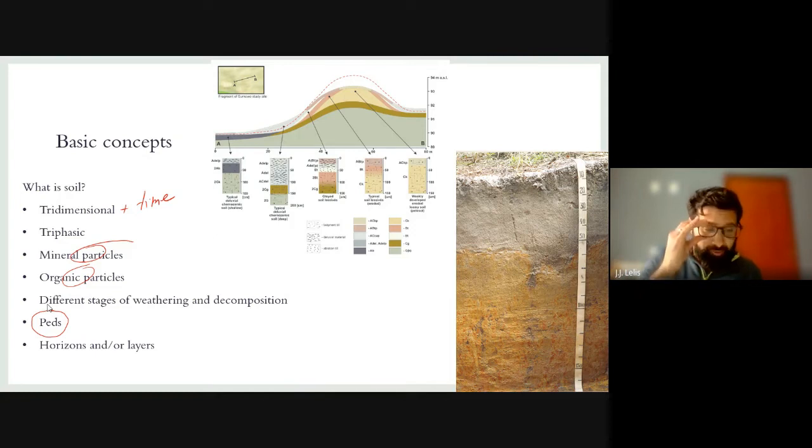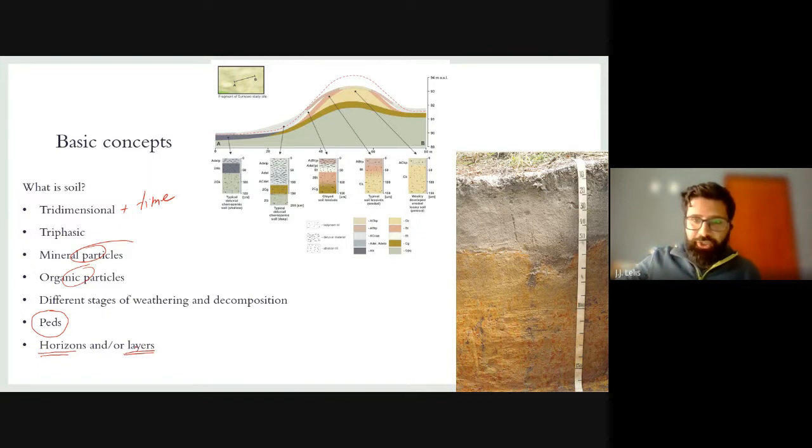We have to have aggregates. So the solid phase should be presented organized, with the fine particles, sand, silt, and clay. They should get together. And the solid particles should be presented in horizons or layers.